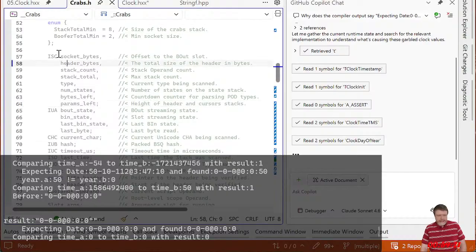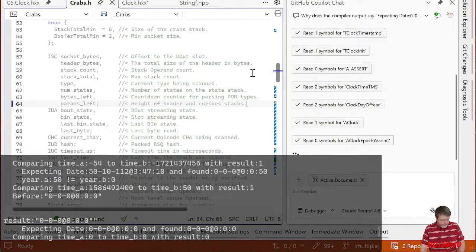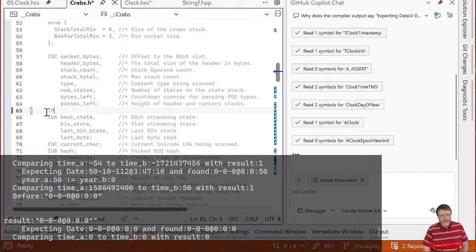So I know I need to stick it in here. So we need like a TMC here. That's a 32-bit timestamp.